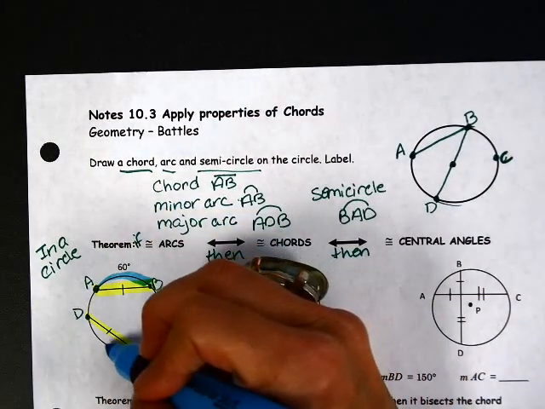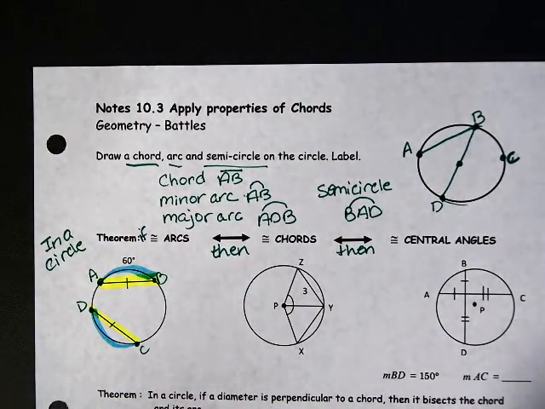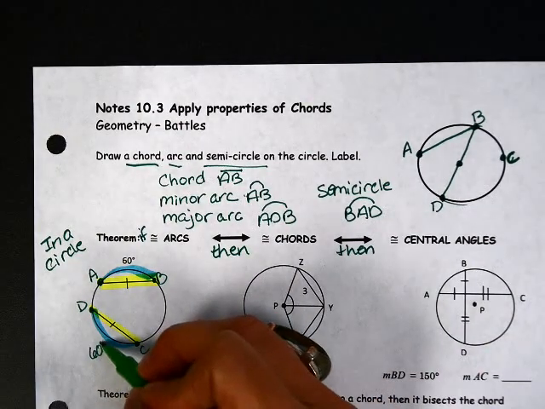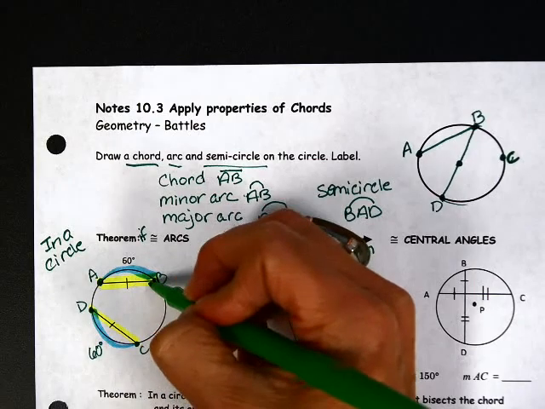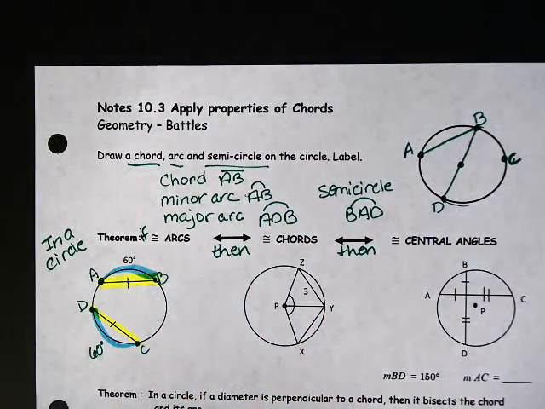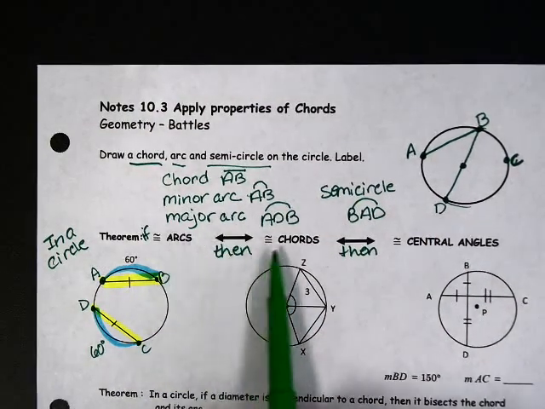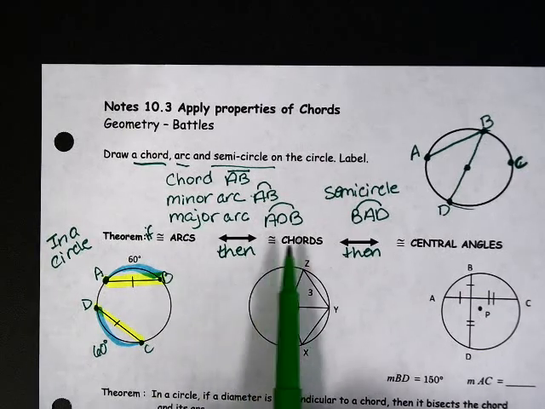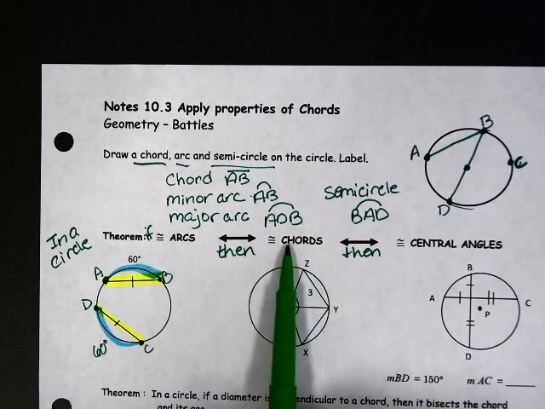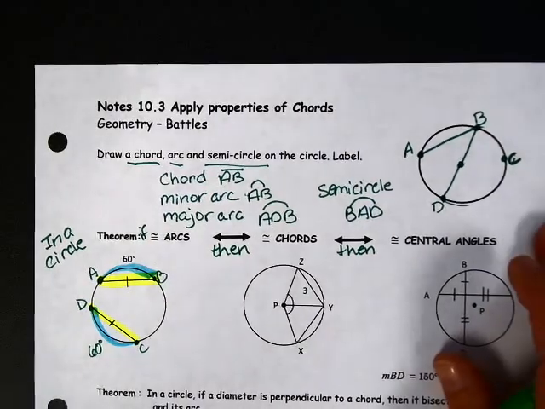Therefore, arc DC is also 60 degrees because the chords that created them were the same length. That's what this is talking about right here, that if you have congruent arcs, you have congruent chords, or if you have congruent chords, then you have congruent arcs.